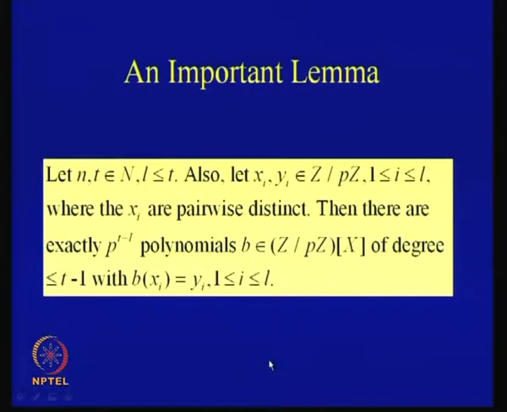For this, first of all, let us consider an important lemma. It says: let n and t be natural numbers and L is less than or equal to t.